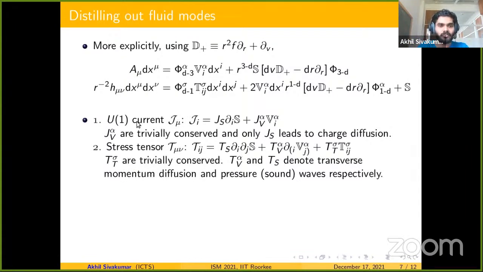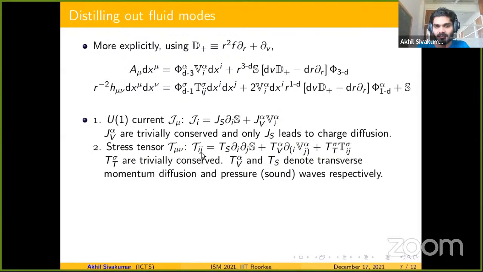To see this, if you have a U(1) current in the boundary, the spatial current can be decomposed by this SO(d-2) into some vector and scalar. Since the vectors are transverse, they are trivially conserved, which indicates there should be short-lived modes because there's nothing non-trivial going on there. Indeed, only J_S leads to non-trivial dynamics, and it shows charge diffusion and so on.